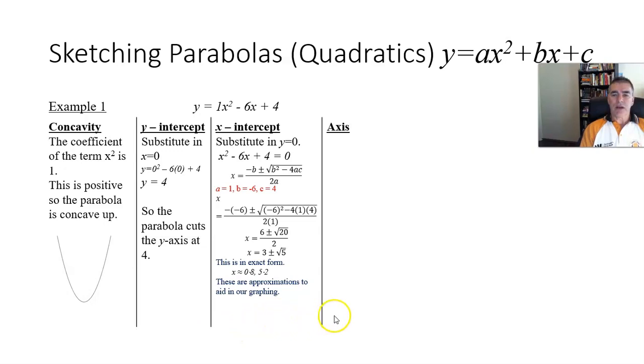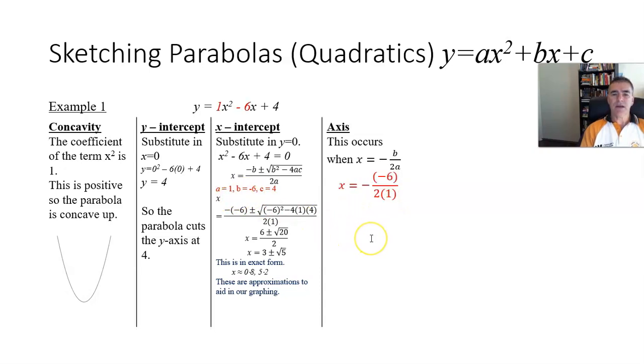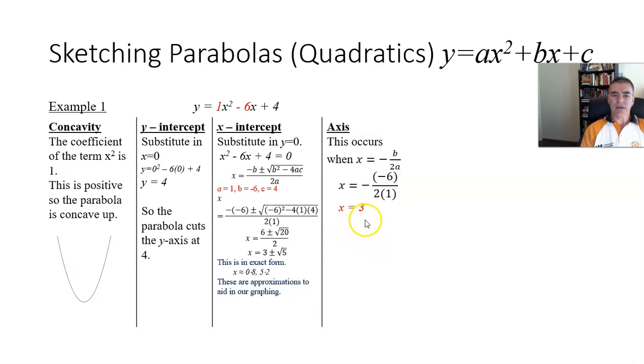So let's go and find our axis of symmetry. Our axis of symmetry occurs at negative b on 2a. So we're using our same b and a values over here. Substitute those in, and we find that x equals 3 is our axis of symmetry.